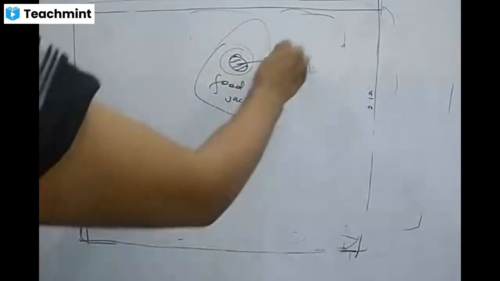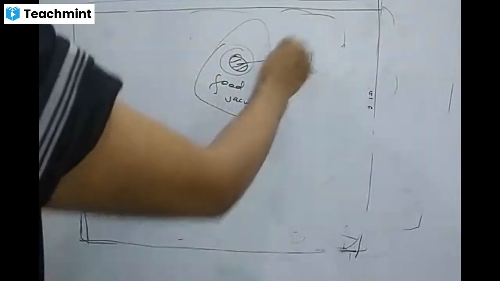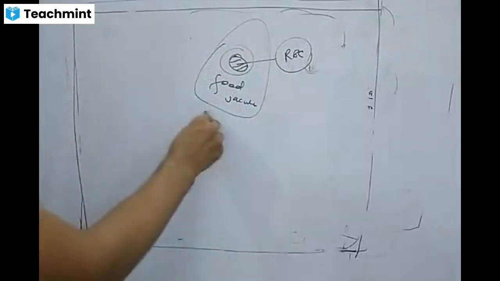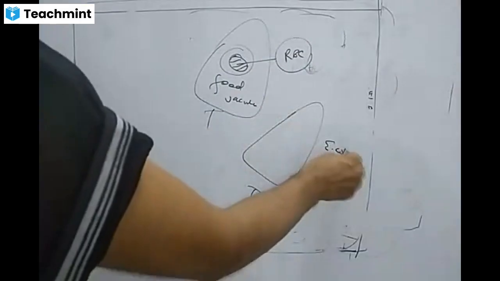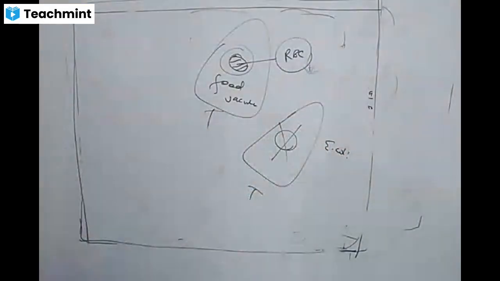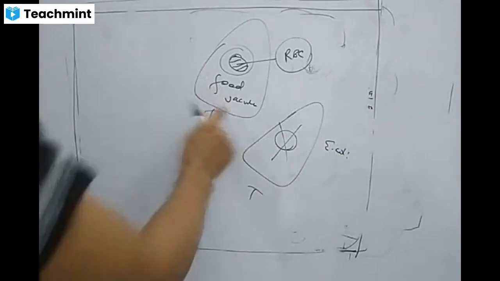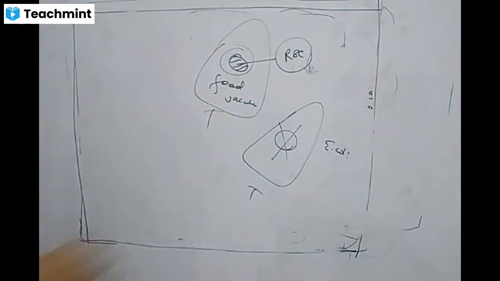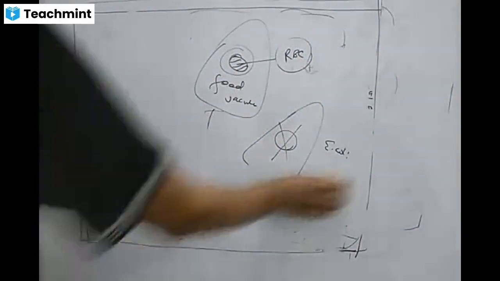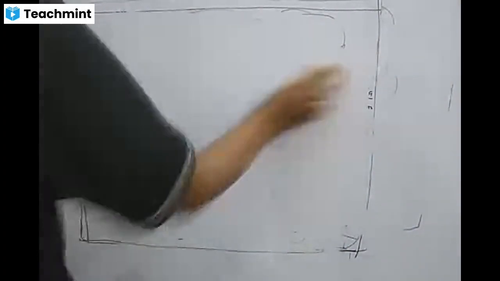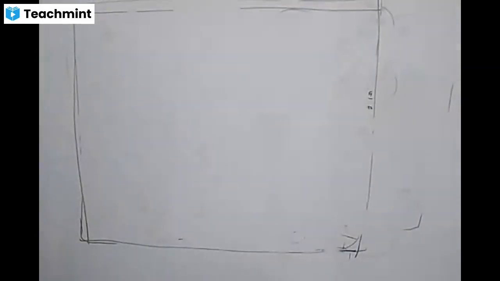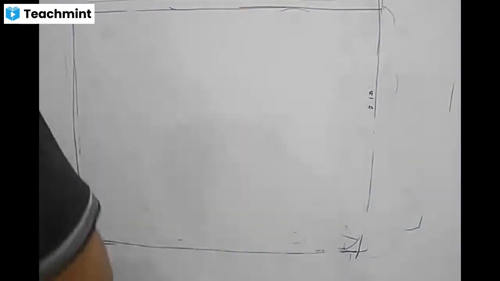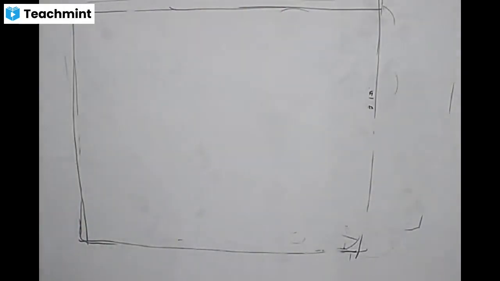Within the food vacuoles, you will find RBC. That differentiates it from the trophozoite of Entamoeba coli. In the food vacuole, RBC are not found. But in case of Entamoeba histolytica food vacuoles, you will find RBC. So the conversion of trophozoite to immature cyst happens at the lumen, not outside the body.